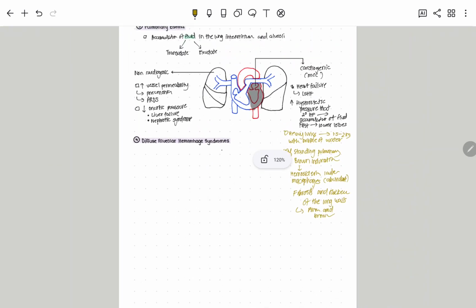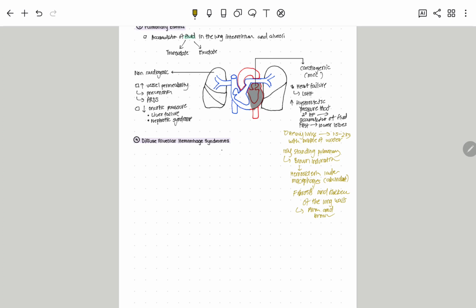I'm not really going to bother going into details of how these hemosiderin-laden macrophages come into the picture here with the heart failure. That is something that is 100% going to be covered in the heart failure part of general pathology. But for now, if you already know it, well and good. But yeah, that's all there is to it really. Brown induration is just caused due to hemosiderin-laden macrophages being present, and then secondary fibrosis and thickening occurring of the alveolar walls with respect to a lot of fluid being present in the lungs.